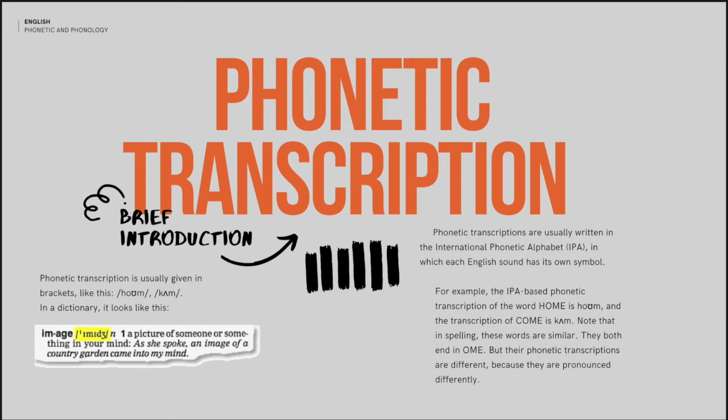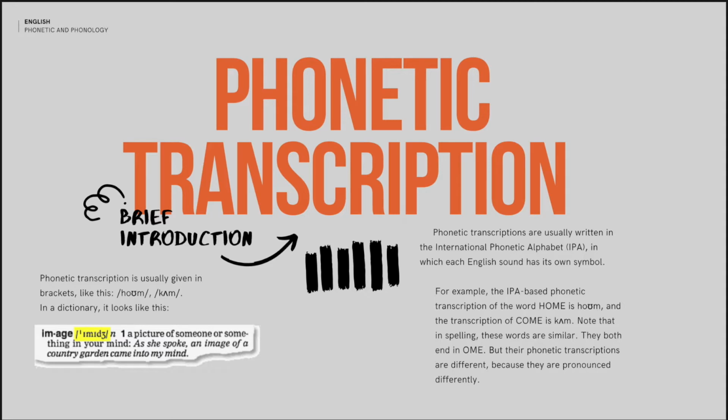Phonetic transcription is usually given in brackets, like this example of phonetic transcription from the words home and come. In a dictionary, it looks like this. As we can see, the yellow colored words is a phonetic transcription from the word's image. Phonetic transcription are usually written in International Phonetic Alphabet, in which each English sound has its own symbol.